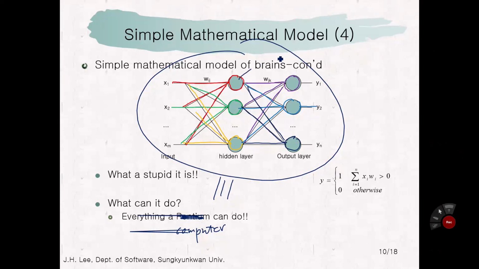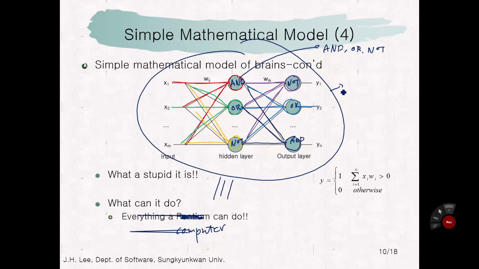Every neuron can do AND, OR, and negation operations, right? Let's say this performs the AND operation, this the OR operation, or this performs the negation. You can set it up like this, right?